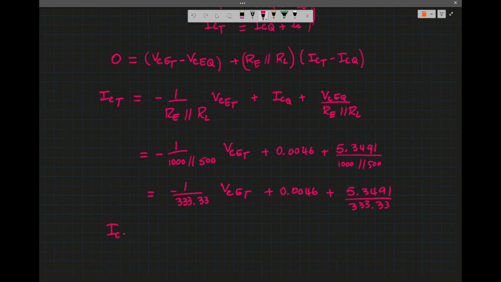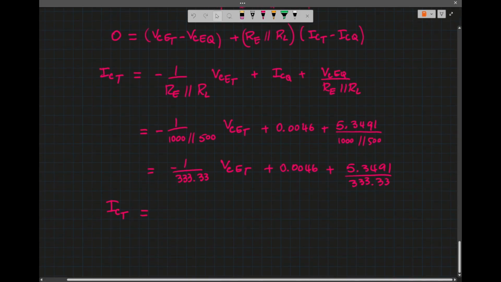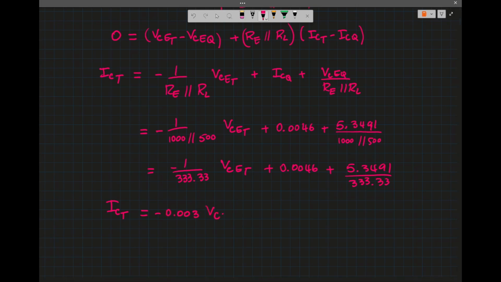So the equation for the AC load line gave me negative 0.003 VCE plus 0.0207.